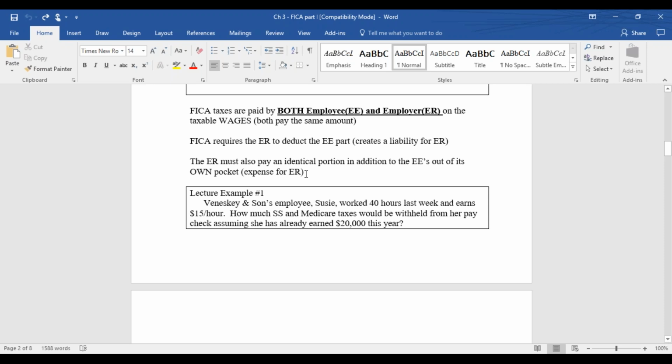So for example, if you had $10 coming out of your check for Social Security, the employer will have to match that and put another 10 into the account. And when it's time to pay the FICA taxes, they would have to pay the full 20, which includes not only your 10, but an additional 10 out of their own pocket.